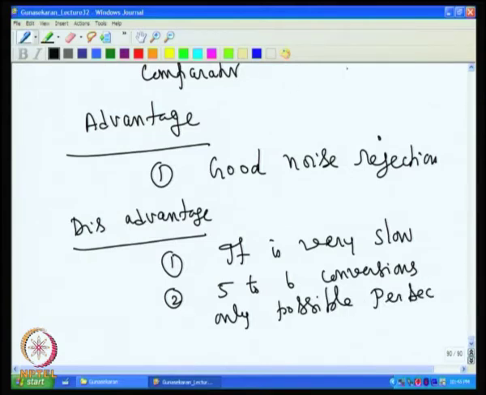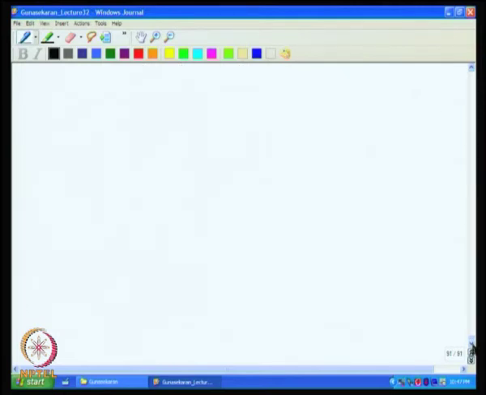To get rid of this speed problem, another converter we can think of is the successive approximation A to D converter. The successive approximation A to D converter has very high speed, but noise rejection is very poor. So, we see how the successive approximation converter works and how it is used in conjunction with the microcontroller.